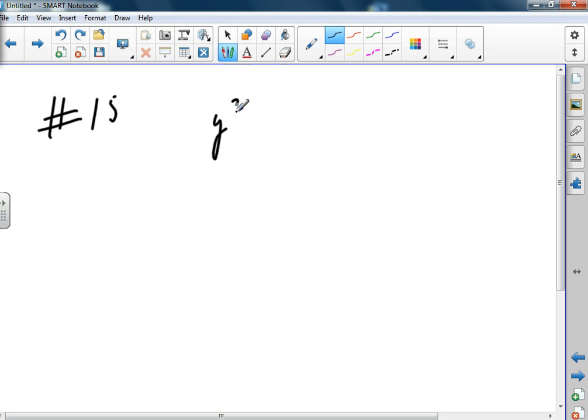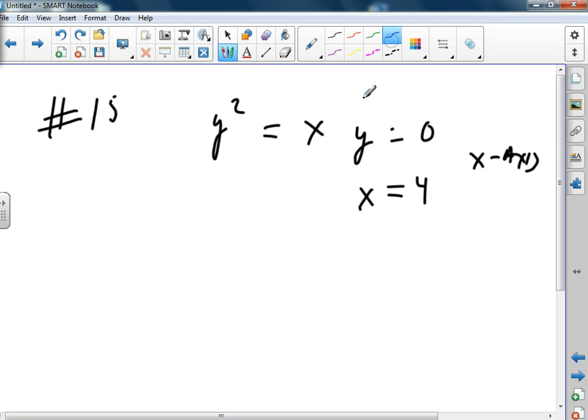Okay, so I got y squared equals x, y is equal to 0, x is equal to 4, and I'm going to go about the x-axis. So I draw a picture. Now, x is equal to y squared. So 0 is 0. When y is 1 or negative 1, I'm going to be here.